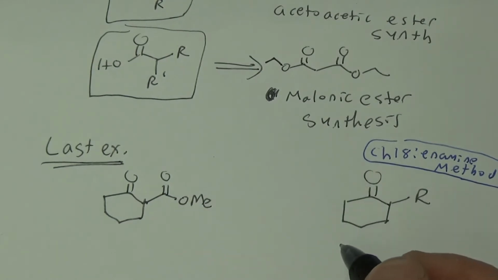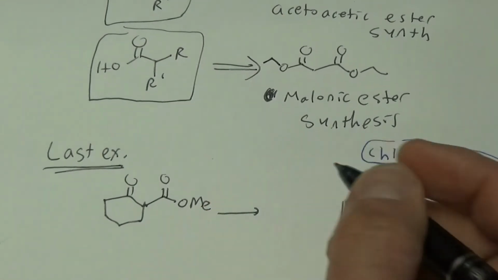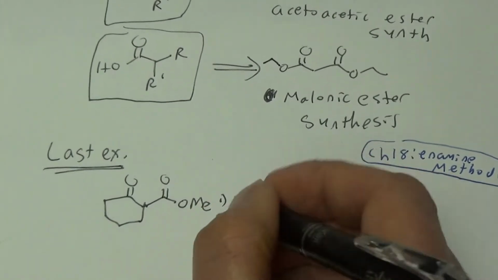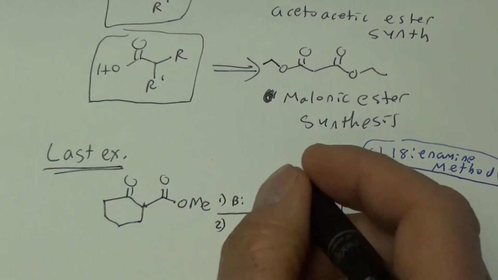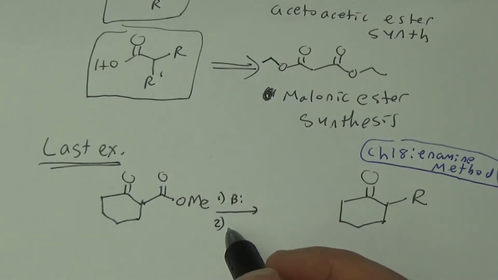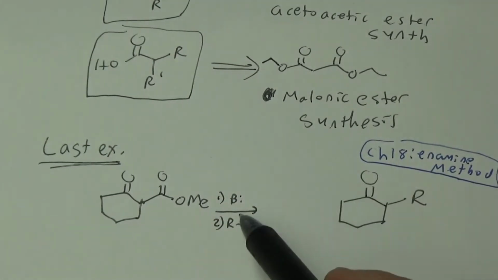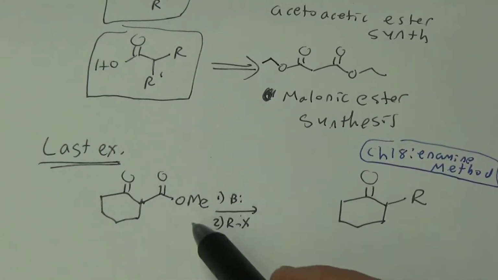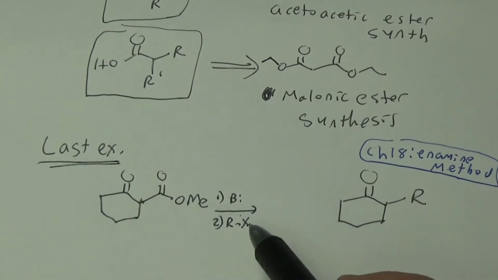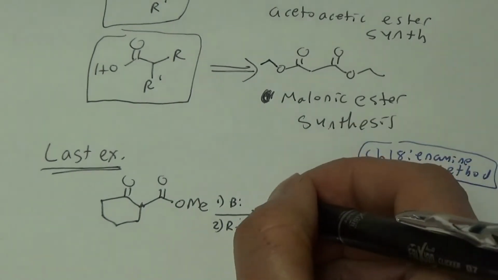So we can use a base, like NaOCH3 or NaOEt, and then RX, right? This is very, very well-behaved chemistry. You've got a strongly acidic proton, the base can take off the proton, then you throw in an alkyl halide, and it puts the R group there. Okay?